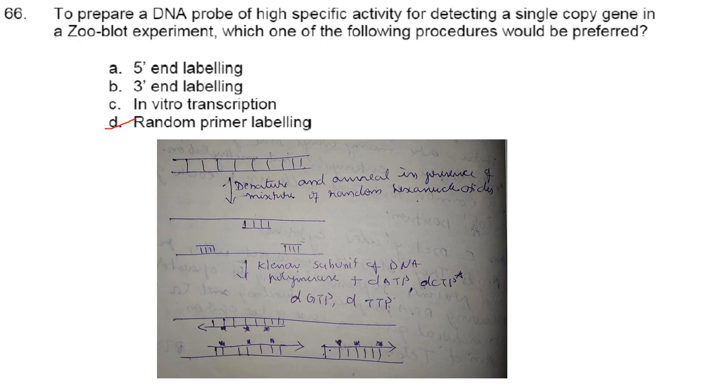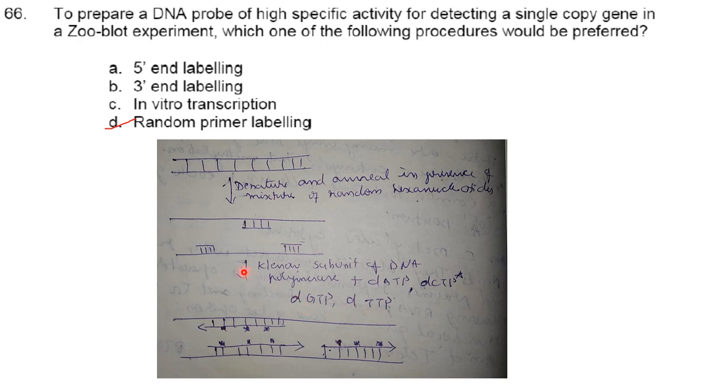So how is this done? First you have to denature and anneal in the presence of a mixture of random hexanucleotides. So first DNA is denatured, then it is annealed in the presence of random hexanucleotides like this. Then Klenow subunit of the DNA polymerase plus dATP, dCTP. If you want to label at the cytosine residue, then you have to use labeled dCTP, then dGTP, dTTP.